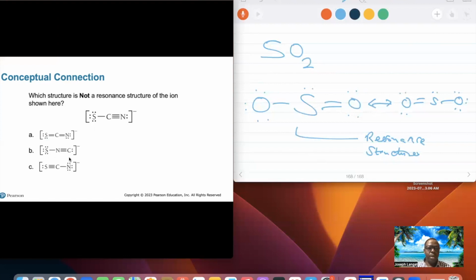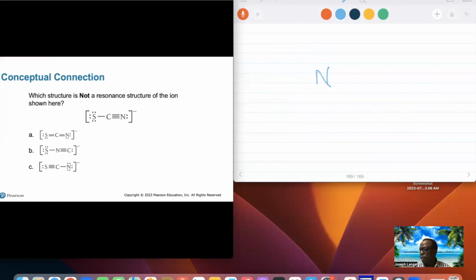Structure B is not a resonance structure because of the possible number of bonds nitrogen can form. From the Lewis dot symbol for nitrogen, it has 1, 2, 3 unpaired electrons, so it can form up to 3 bonds. But if you look at B, there are 4 bonds, which is not possible. So B is the correct answer for this case.